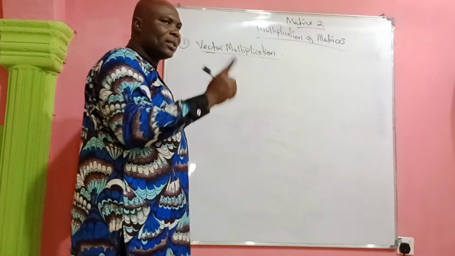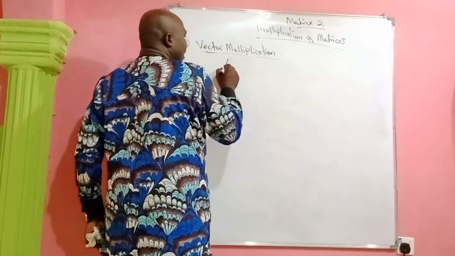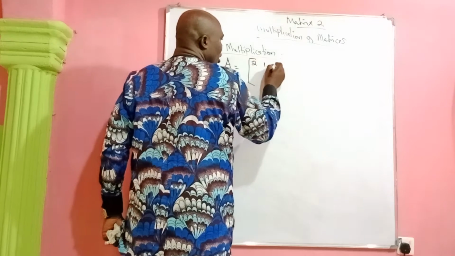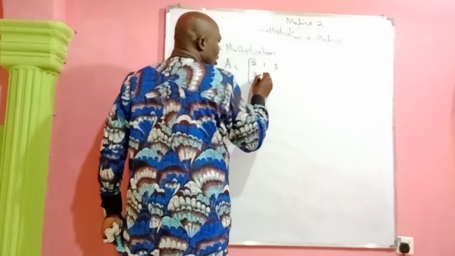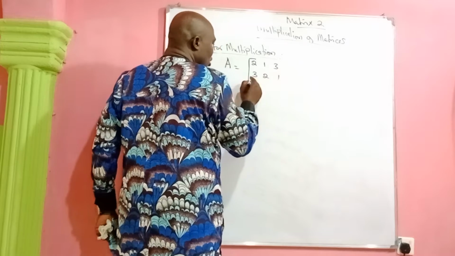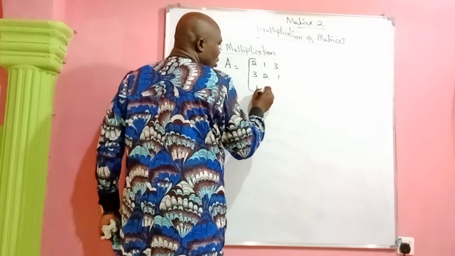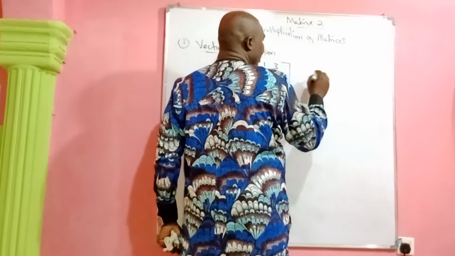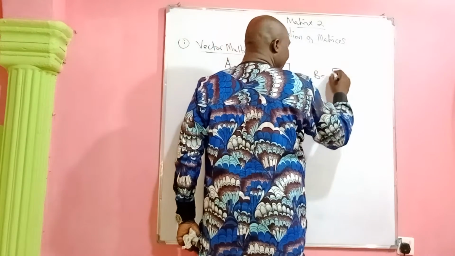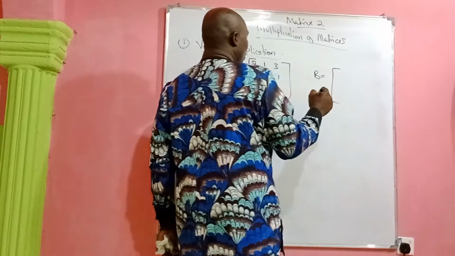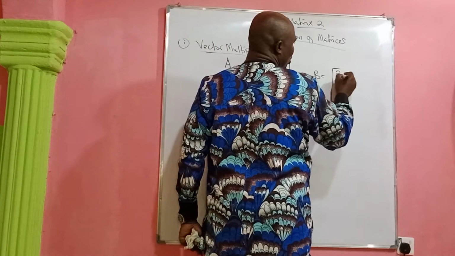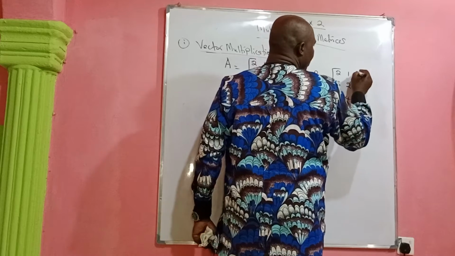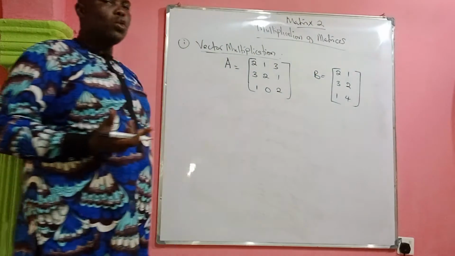Assuming you're given two matrices A and B to multiply, watch this. A and B. Now these are two matrices.